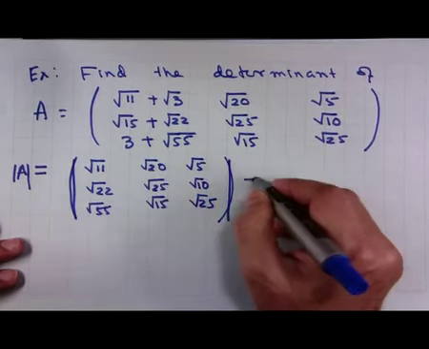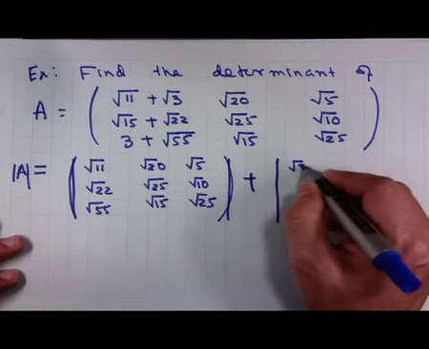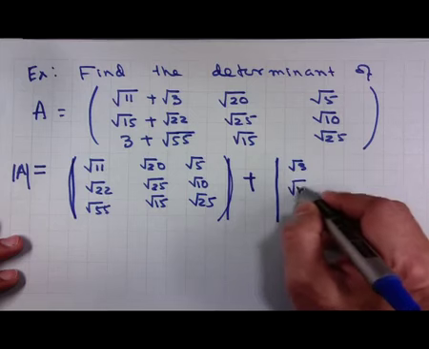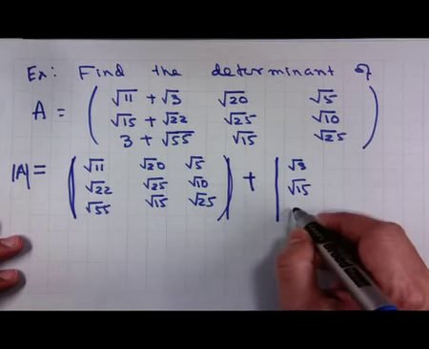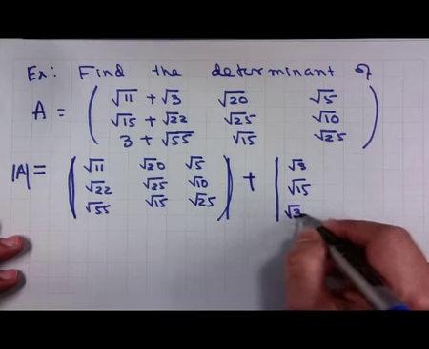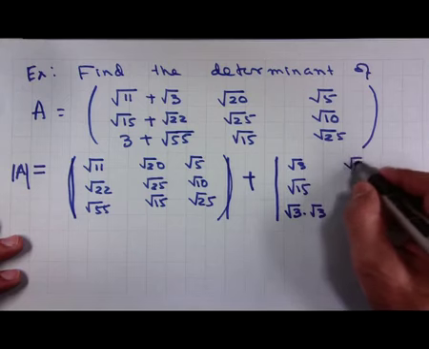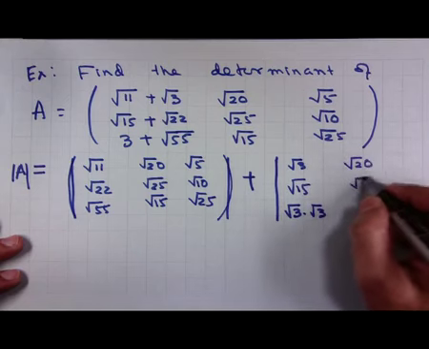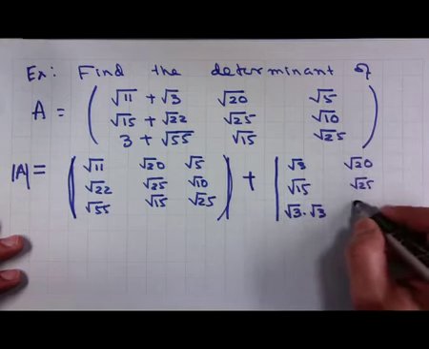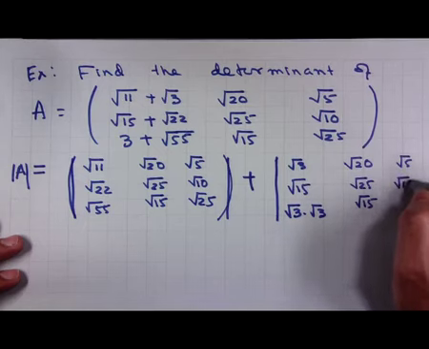Determinant of this plus determinant of root 3, root 15 and 3, which we write as root 3 times root 3, root 20, root 25, root 15 and root 5, root 10 and root 25.